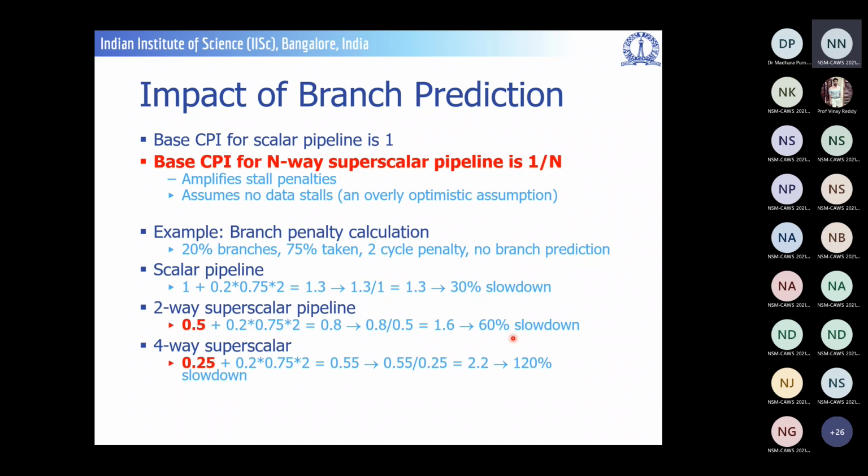It's not that you can make the pipeline superscalar but not improve the other parts of the pipeline. Ultimately, they will take away most of the benefits that you might have thought you could get out of superscalar processing. So that is one of the important messages that I want to convey.